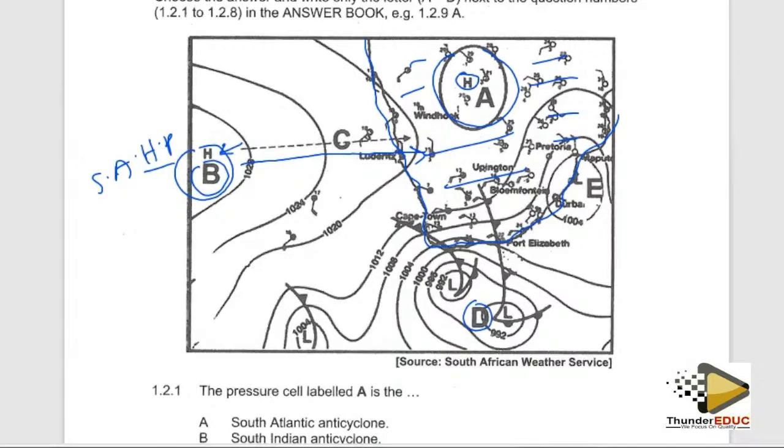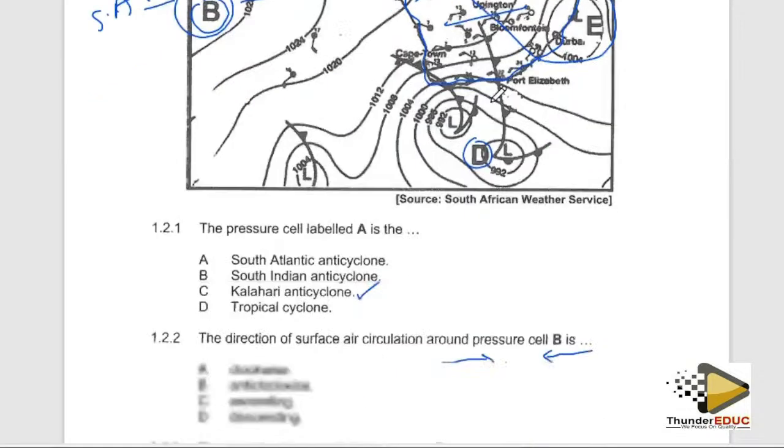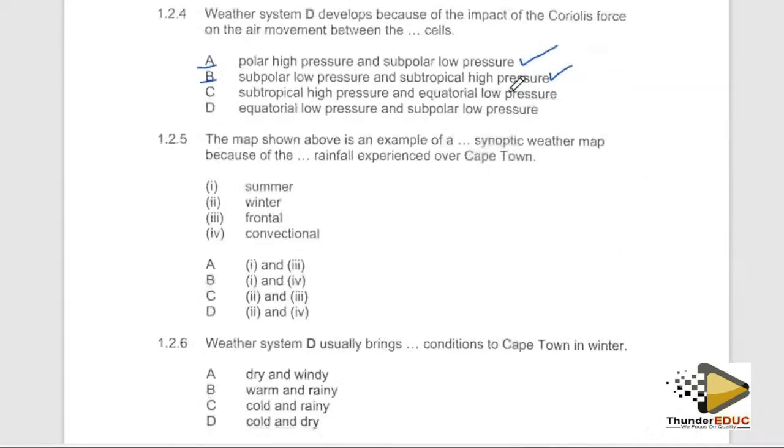And the cold front has approached the land, the high pressure cells are reaching to the land. There's a coastal low at the coast. There's also a pressure gradient between the land and the coast, or between the interior and the coast. And these are all evidences to prove that this is a winter synoptic weather map.